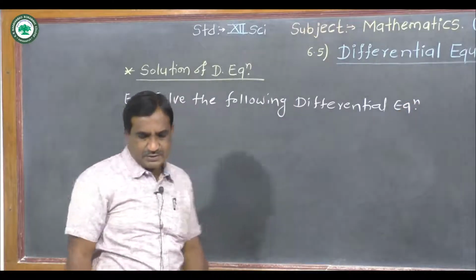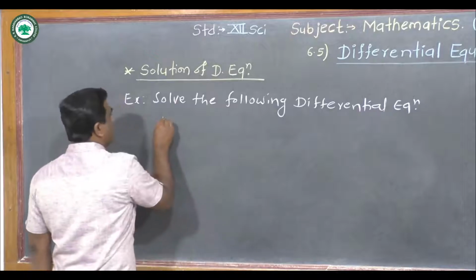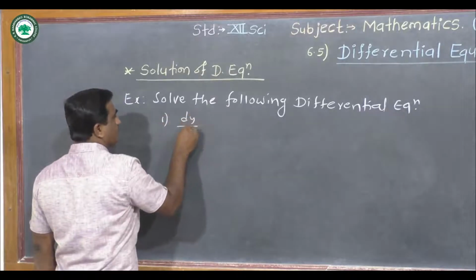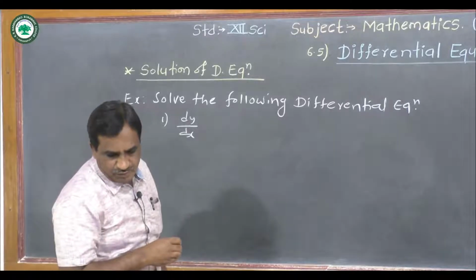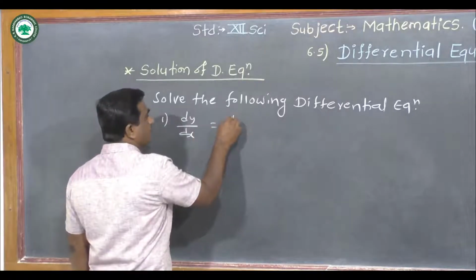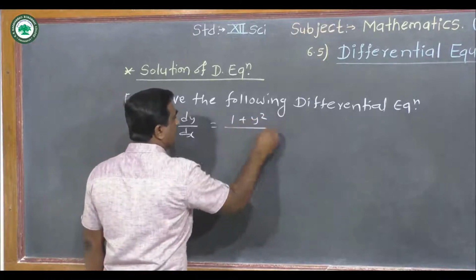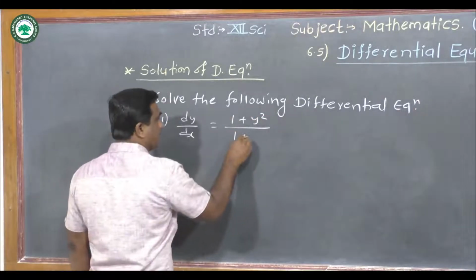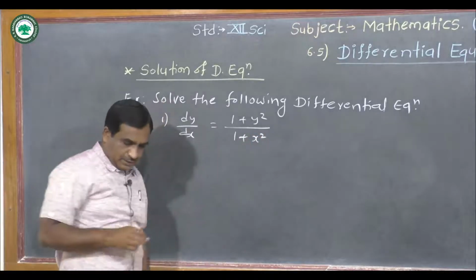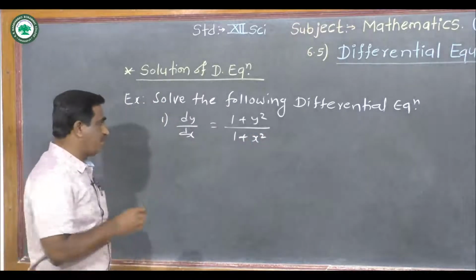Number first, dy by dx is equal to 1 plus y square upon 1 plus x square. Now we see the answer for this example.